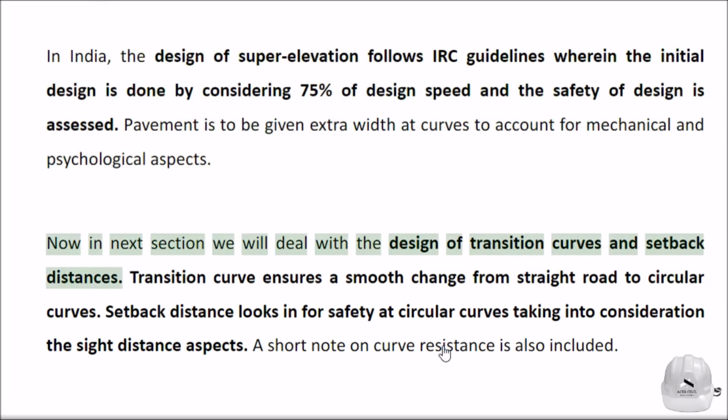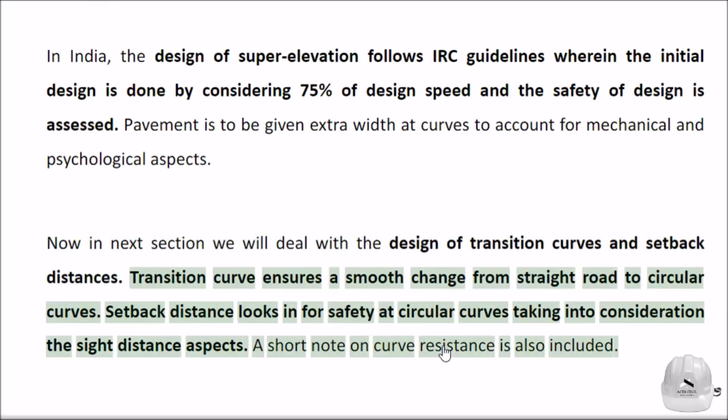Now in the next section we will deal with the design of transition curves and setback distances. Transition curve ensures a smooth change from straight road to circular curves. Setback distance looks into safety at circular curves, taking into consideration the sight distance aspects. A short note on curve resistance is also included.